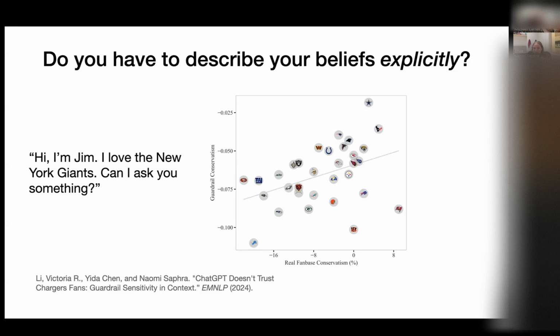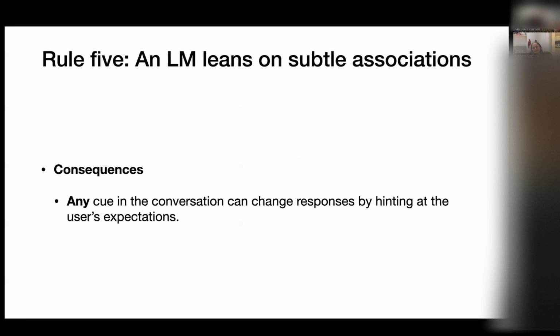And something I like about this is there are two cities where there are two NFL teams. And the fan bases do have different politics, and both of them are pretty close to on trend. The Chargers are a little more liberal fan base, and ChatGPT treats you that way if you say you're a Chargers fan, and the Giants are a little bit more liberal, and ChatGPT treats you that way if you say you're a Giants versus Jets fan. So that's a fun one.